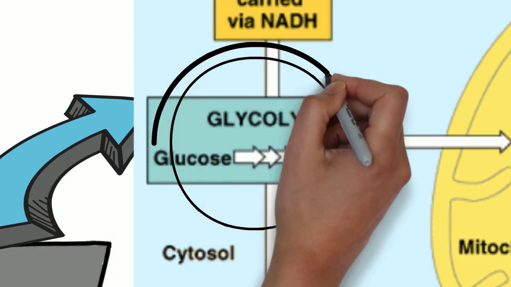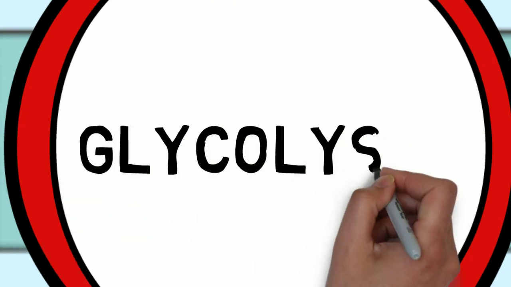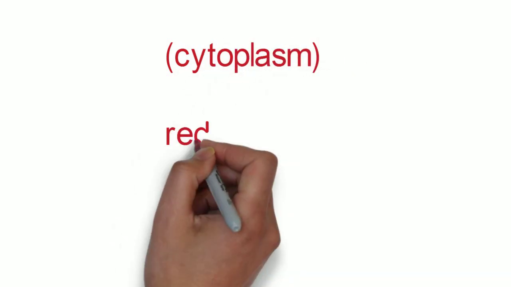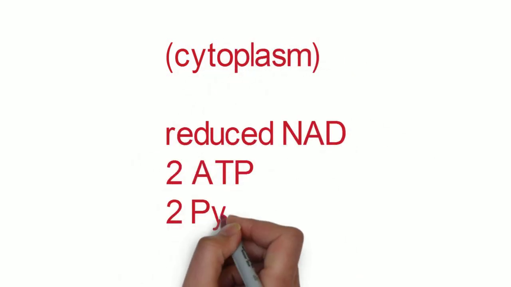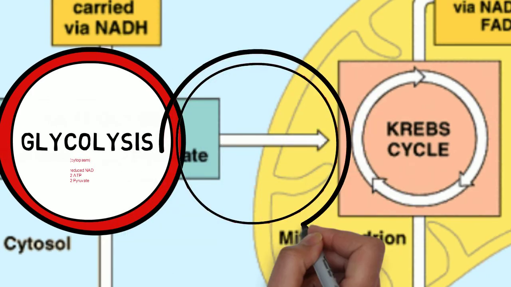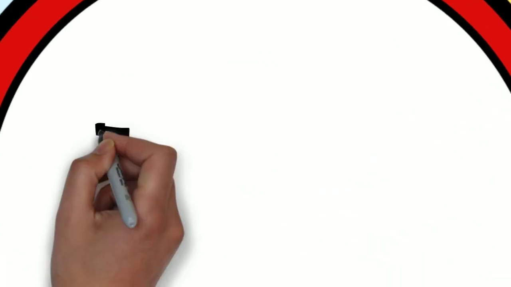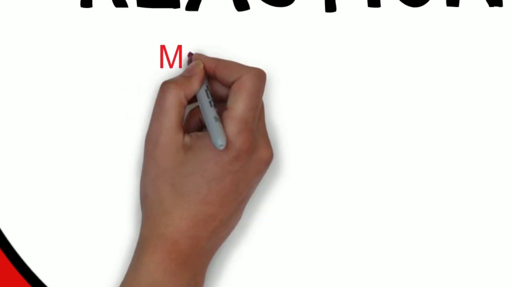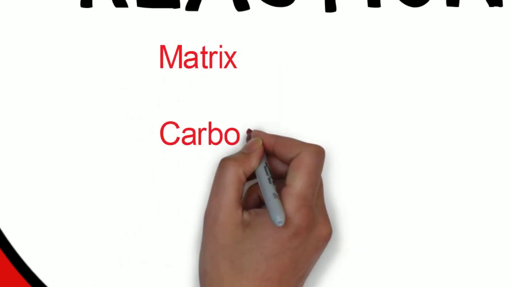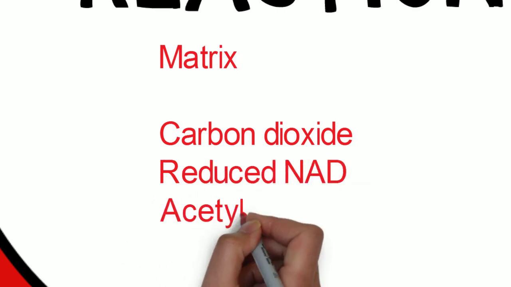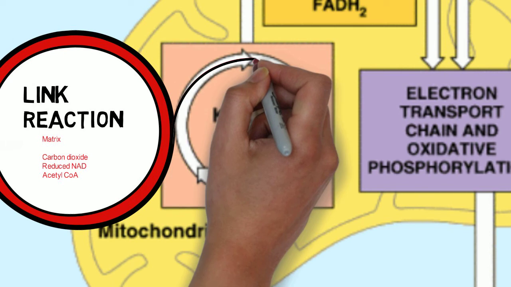But in this video, we have covered glycolysis, which occurs in the cytoplasm and produces reduced NAD, 2 ATP, and 2 pyruvate. Then we looked at the link reaction, which occurred in the matrix of the mitochondrion, producing carbon dioxide, reduced NAD, and acetyl CoA.